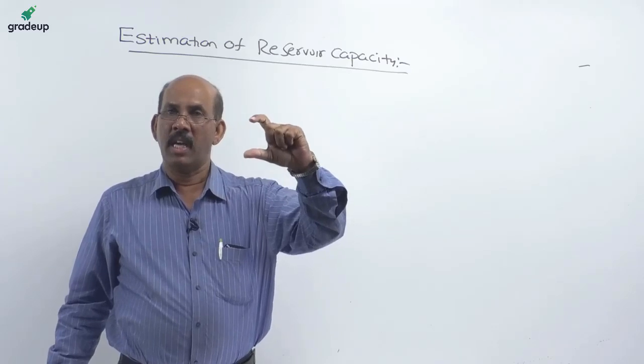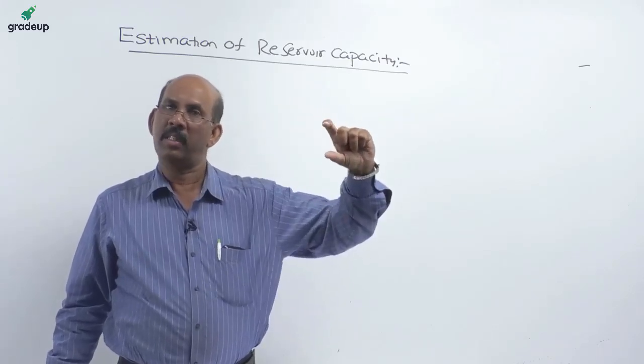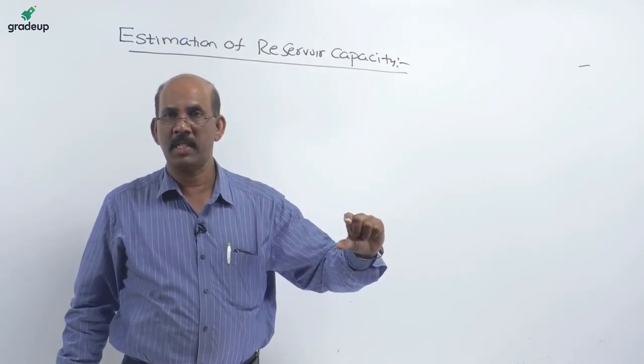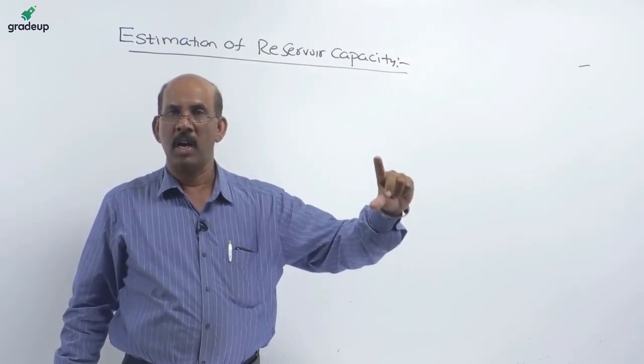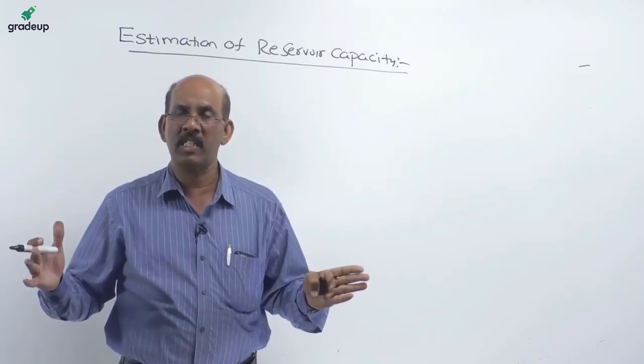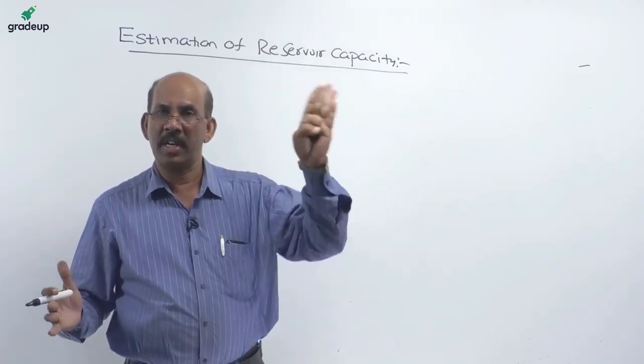That means the capacity is three things here: the space for the dead storage sediments, space for the useful and flood. So different purposes. Here we are going to estimate based on our demand.